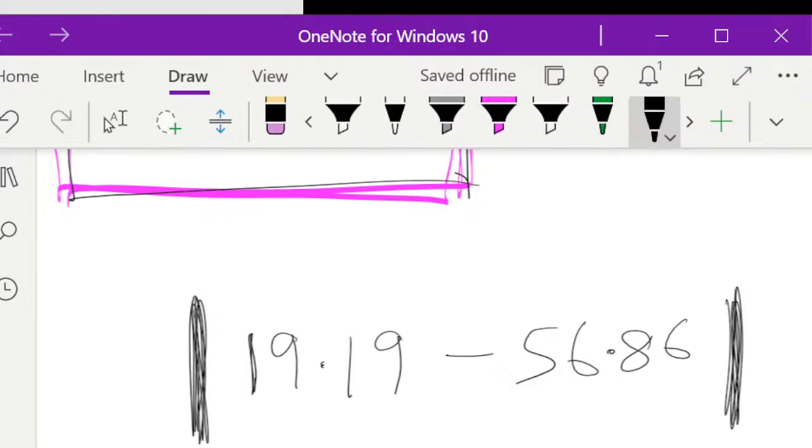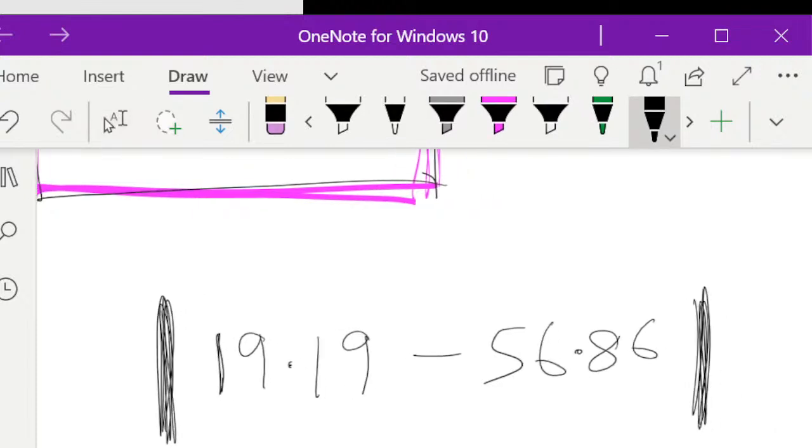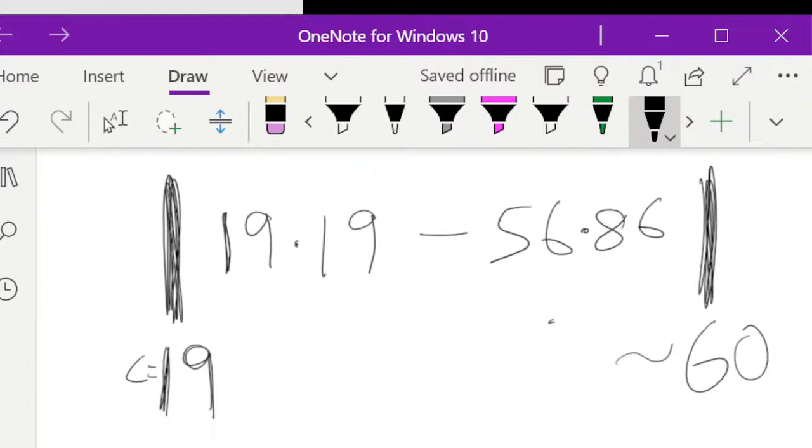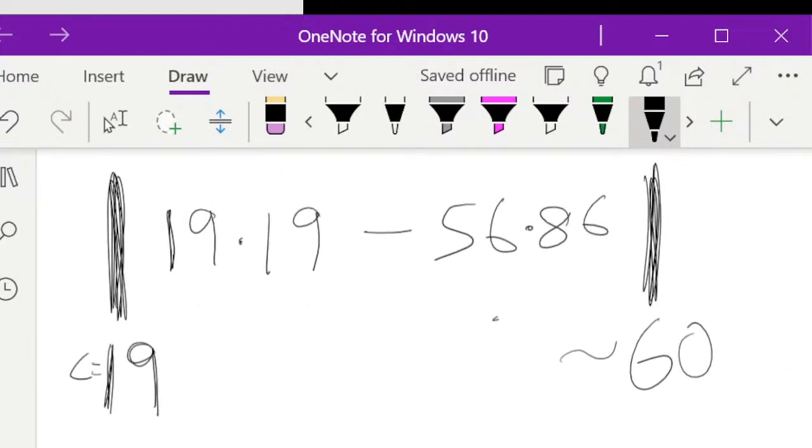So you want to choose something from, let's say, 19 or anything lower, less than or equal to 19, and it shouldn't be anything less than this value, less than 56. So you can go 60. So about approximately 60 picofarads. You want to go between 19 and 60 picofarads.